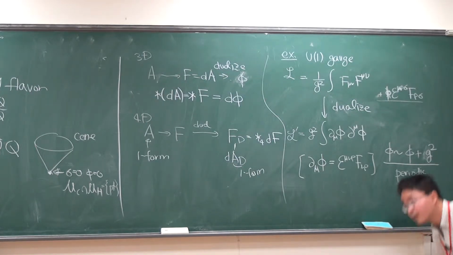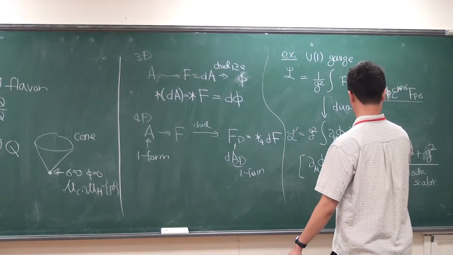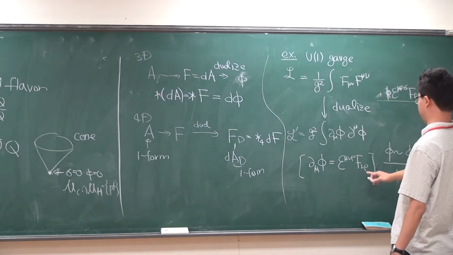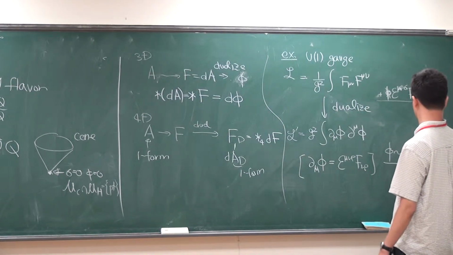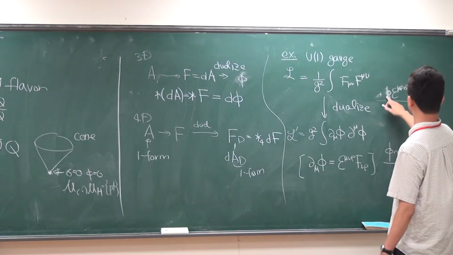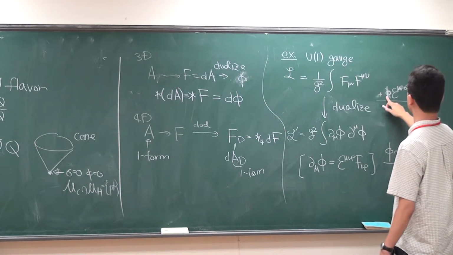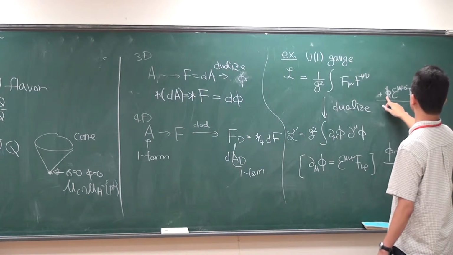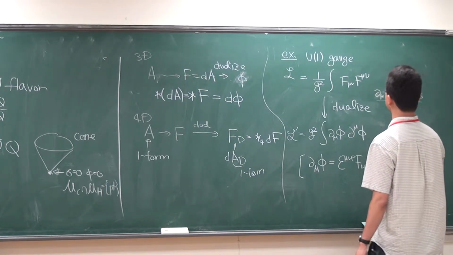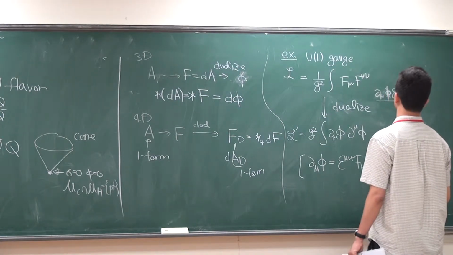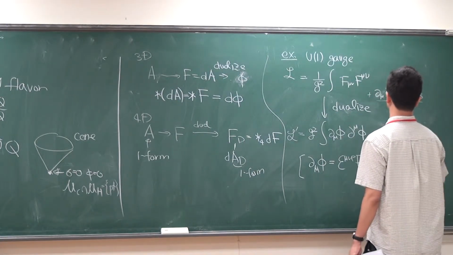What's going on with the indices there? The derivative on phi. The constraint has a derivative of phi because of the contraction. Yeah, that's right.